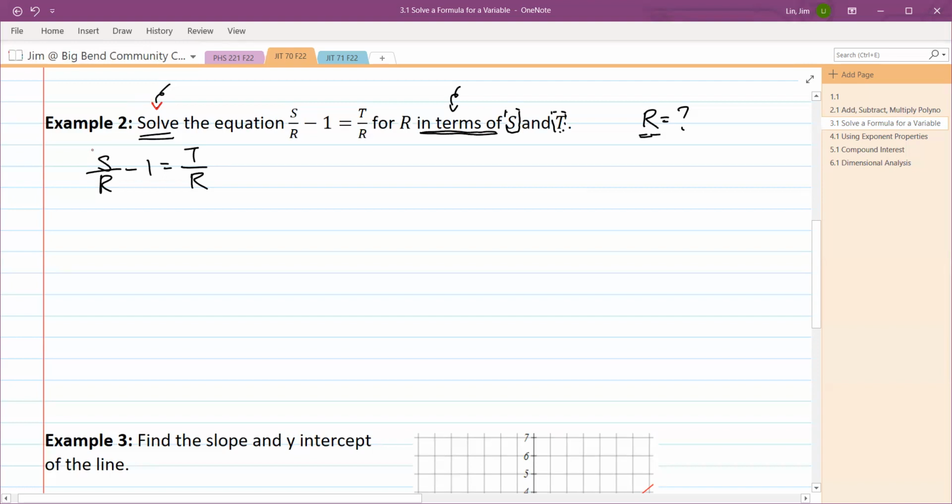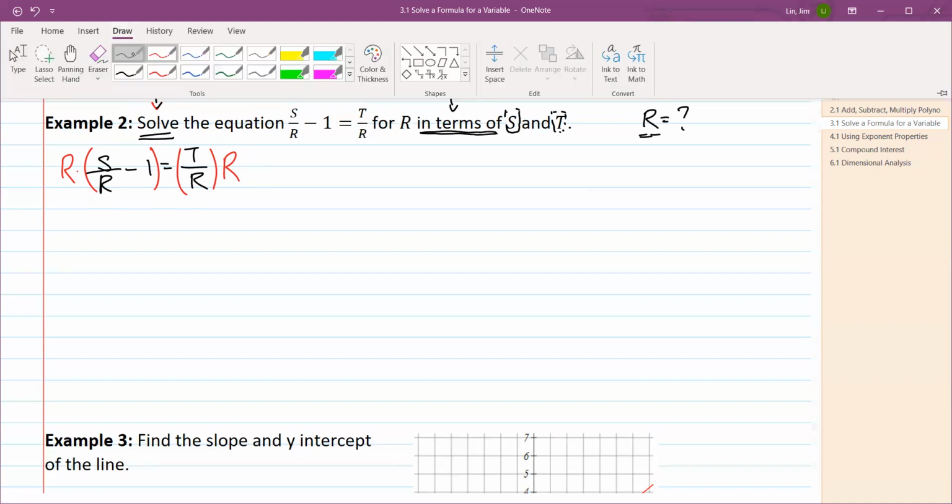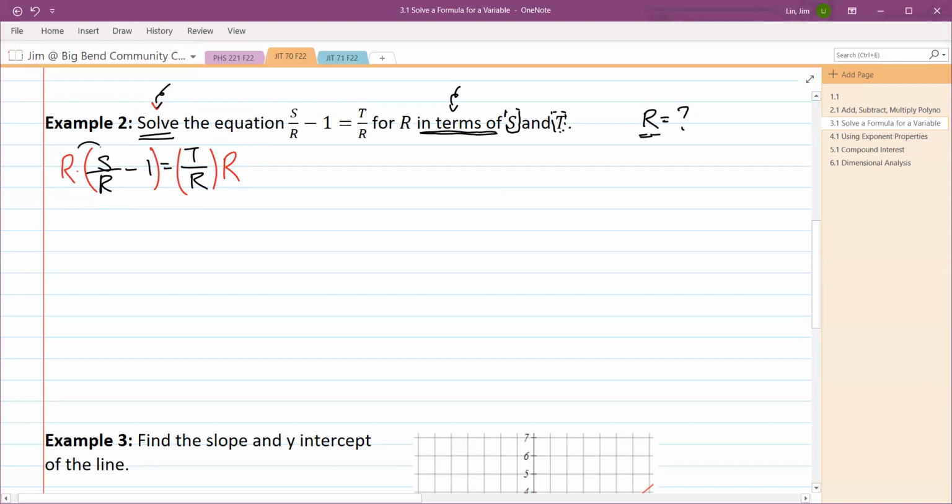All right, assume you're done. I trust you, so we'll move on. What we'll do is multiply by r on both sides of the equation. And why do we do that? Because if we do that, then we are able to expand this term.